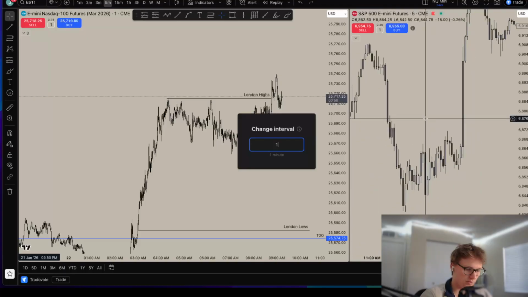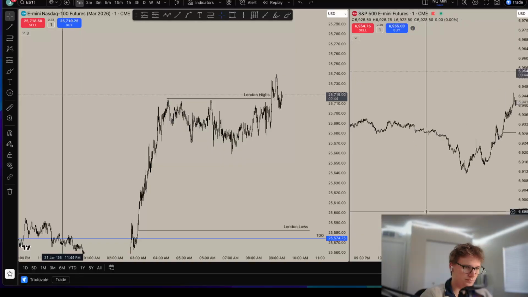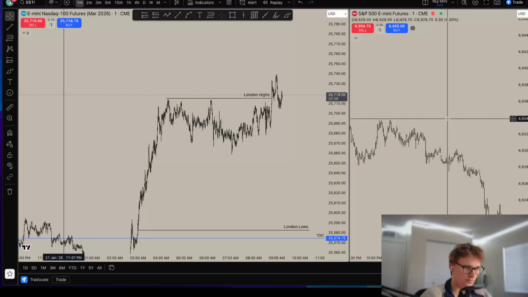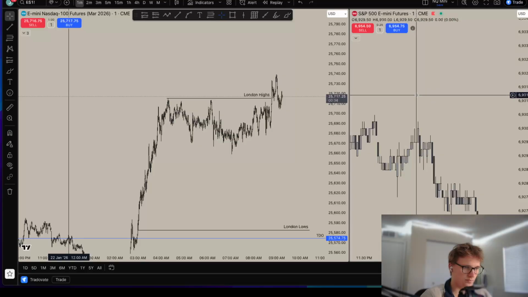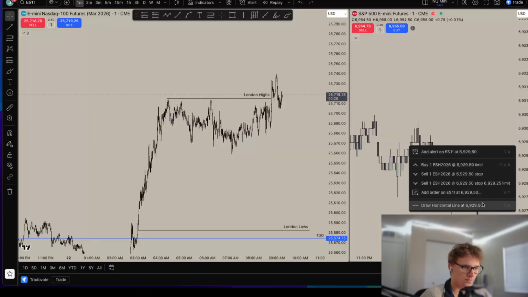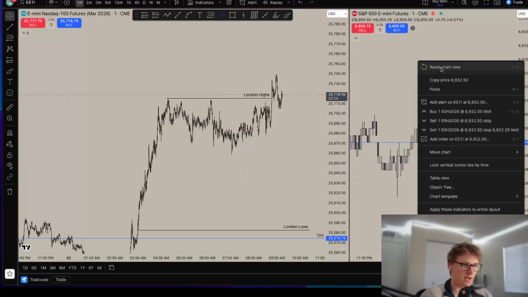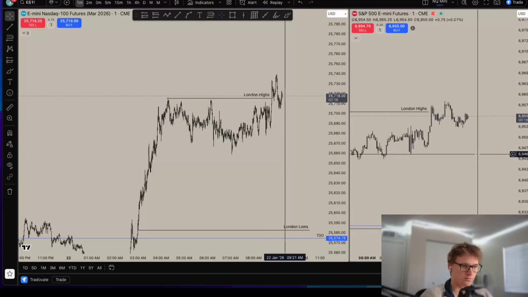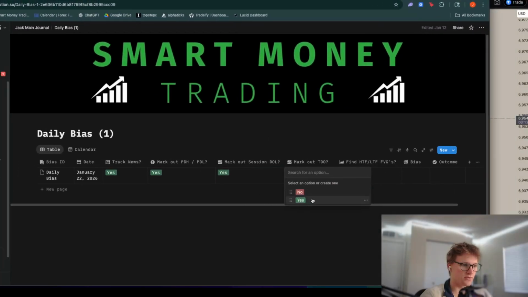True day open is going to be all the way down here. All right, so here's true day open on ES. Okay, beautiful. So we have all that done. Also lines up with London lows. So what we can do now is we can mark out yes for true day open.